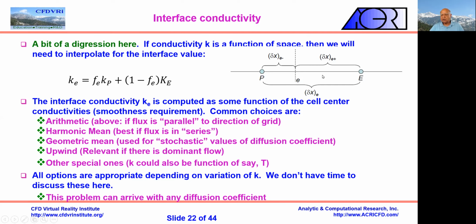In heat transfer, when there is a flow, there are situations where you may want to take the upwind value, and that can be relevant when the flow becomes very dominant. The conductivity also would be taken in that direction. So all these options are appropriate depending on the variation of K. We don't have time to discuss it, but this problem can arise with any diffusion coefficient, not just conductivity, and actually with many other properties.